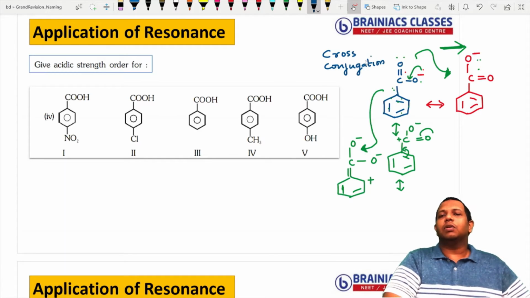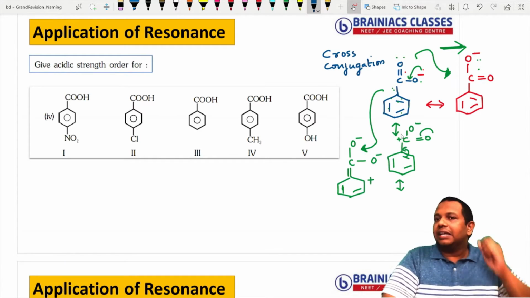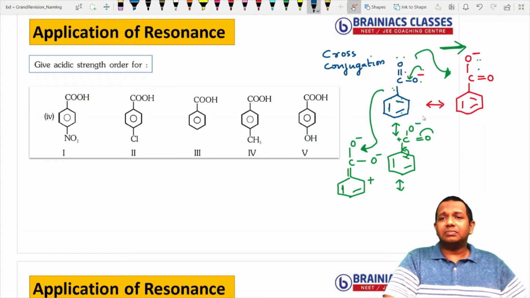So because of this cross conjugation, I can say the acidic nature of benzoic acid has decreased. Why? Because of the cross conjugation, acidic nature decreased. So many will ask me, sir, why is acidic nature decreasing?